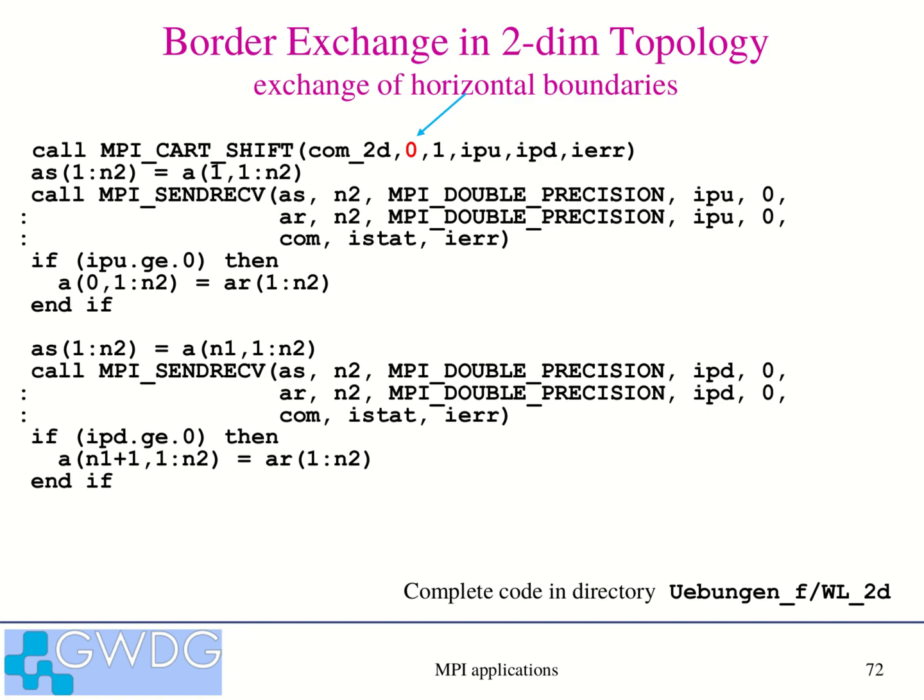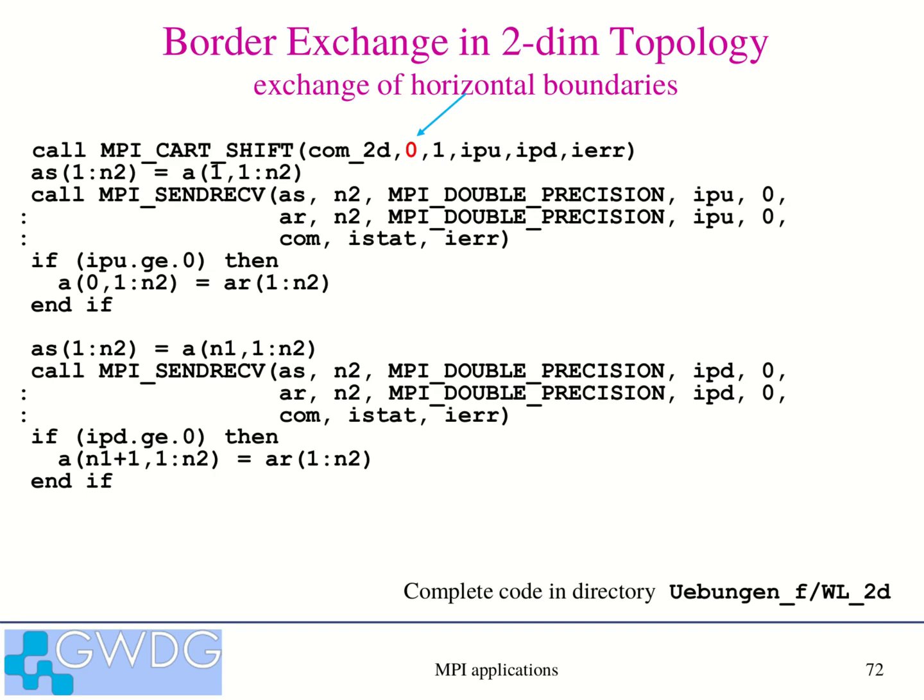Okay. And of course, do the copying only if your process is not at the boundary of the process domain. You don't have to copy data if your process is just at the upper boundary of the domain, because then you already have the global boundary values.